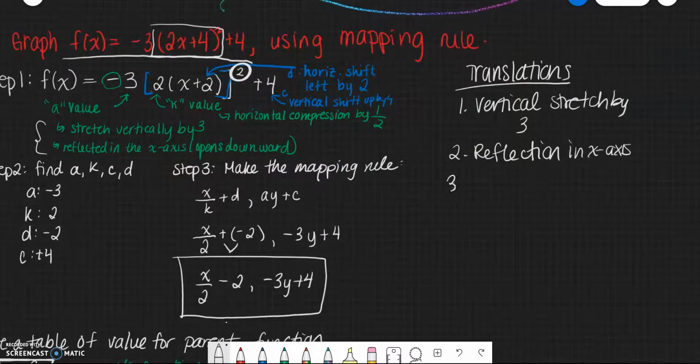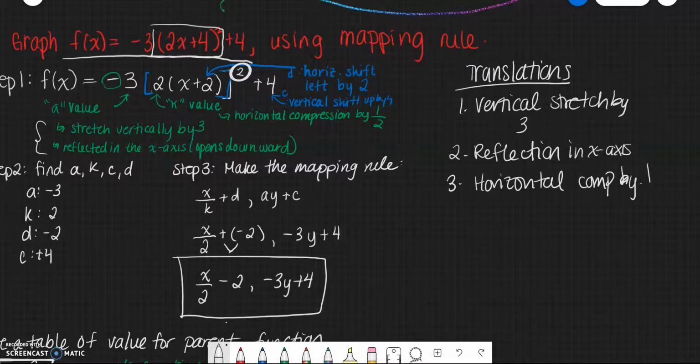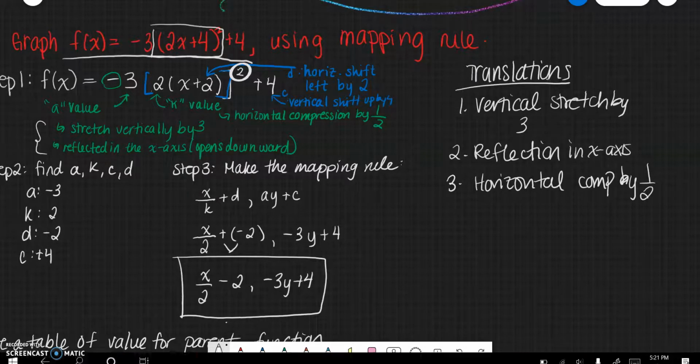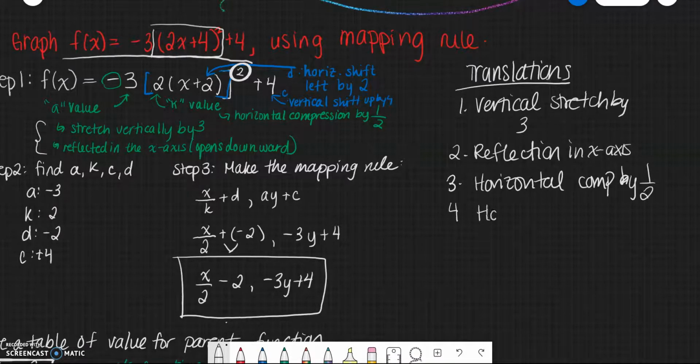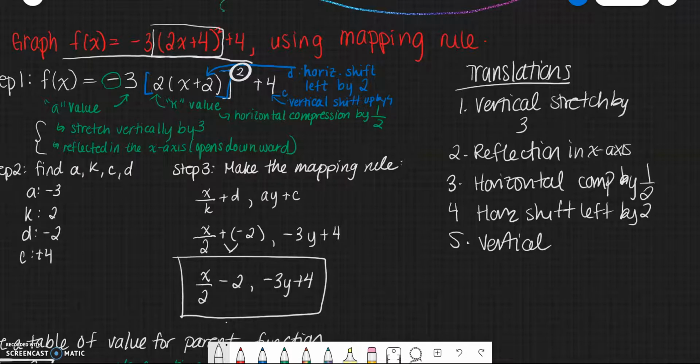You would have a horizontal compression by 1/2, and then a horizontal shift left by 2, and last but not least, a vertical shift up by 4. And I'm just going to write that back in there.